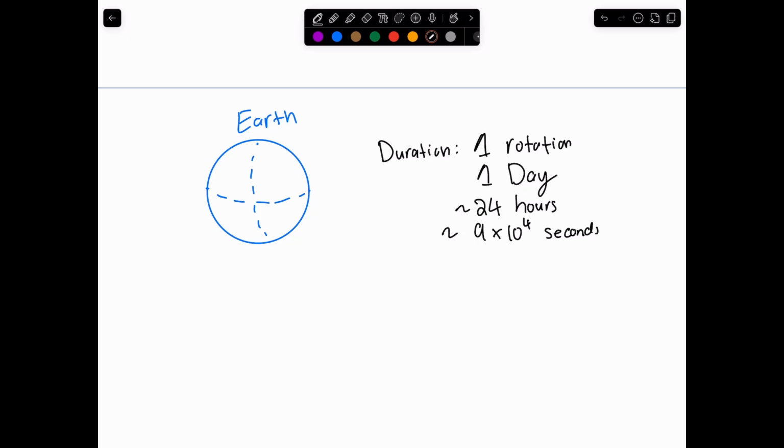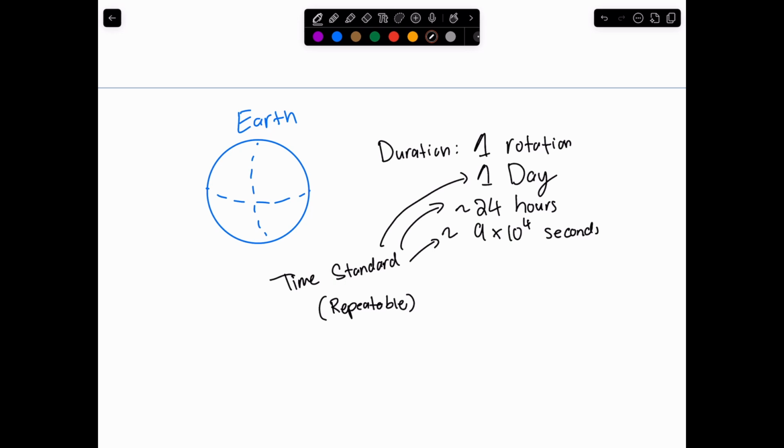What I've just given you is an example of a time standard. The 24 hours, the 9 times 10 to the 4th seconds, the 1 day are all time standards. And we know we can use it as a time standard because it's repeatable.